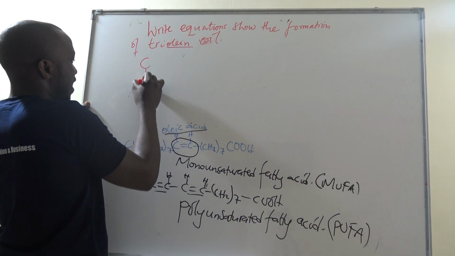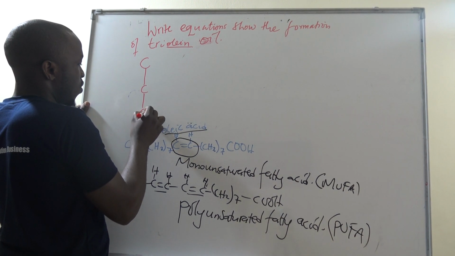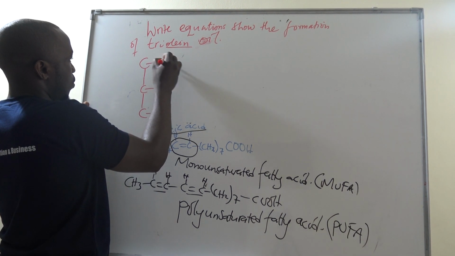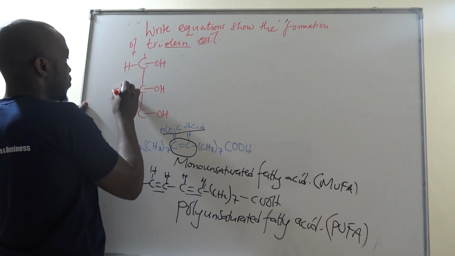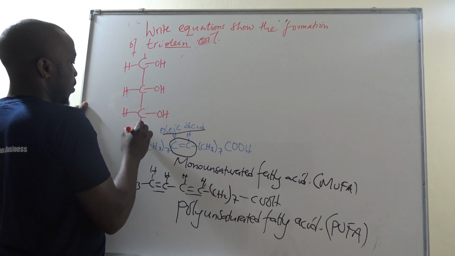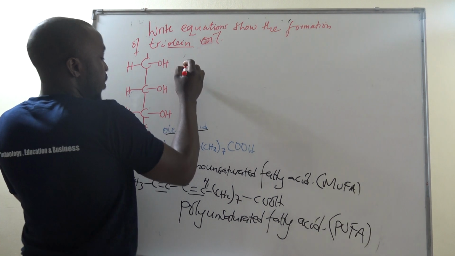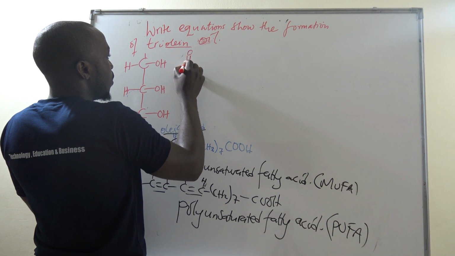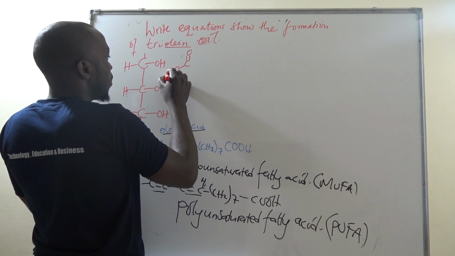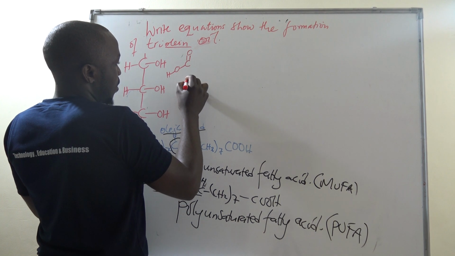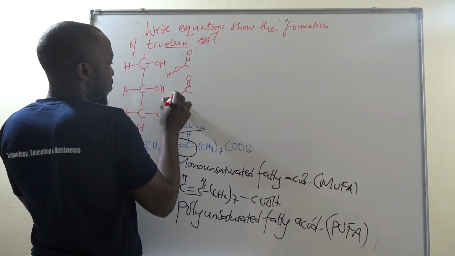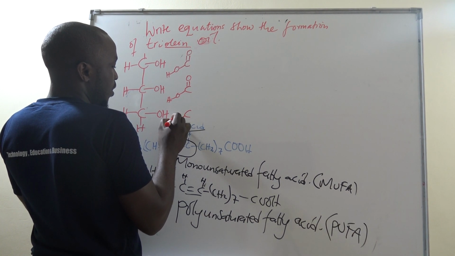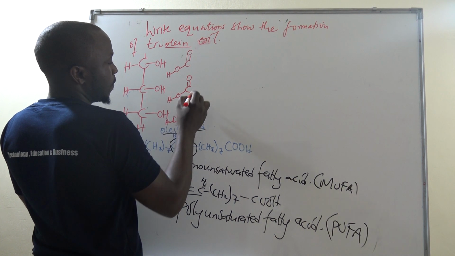So if this is the fatty acid and the glycerol molecule, those are hydrogens. A carbon atom must be surrounded by 4. So we shall have one oleic acid here exposing that group, and another one exposing this hydroxyl group here, and another one exposing the hydroxyl group here.